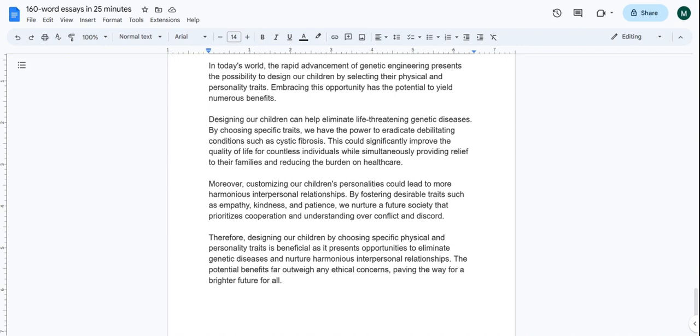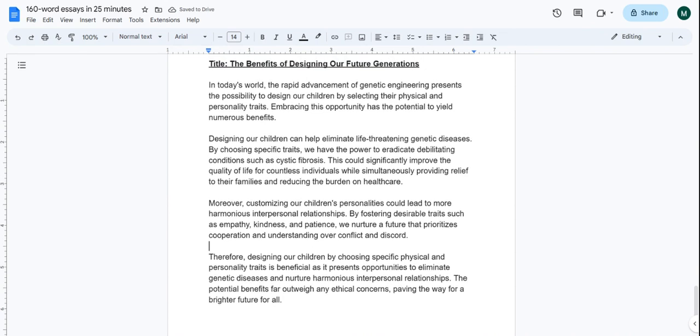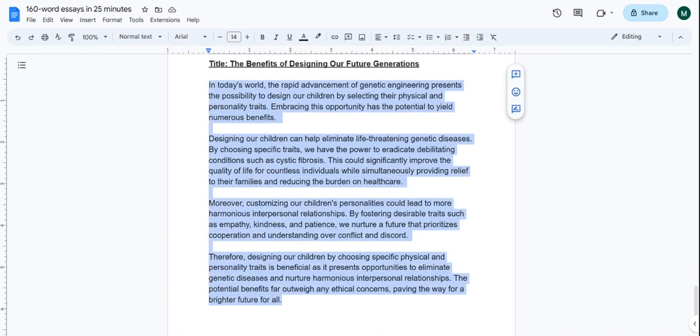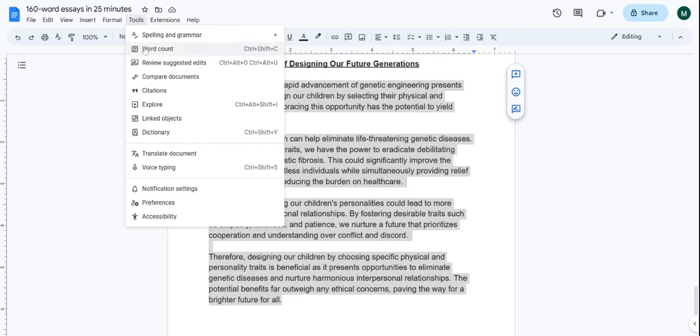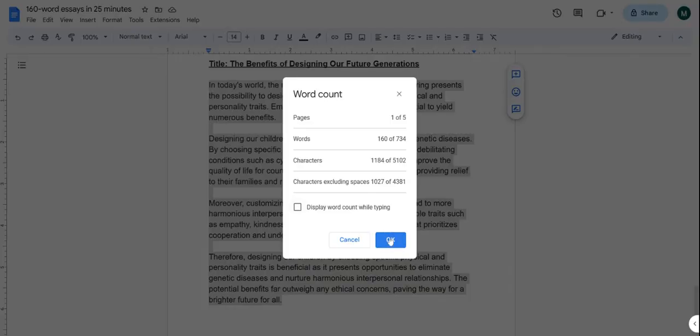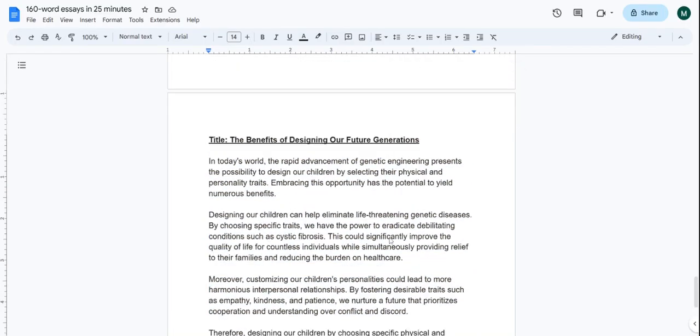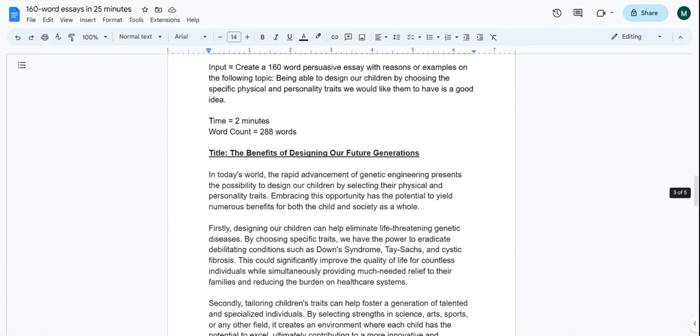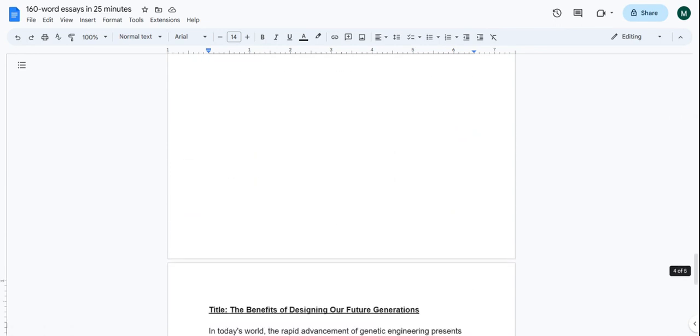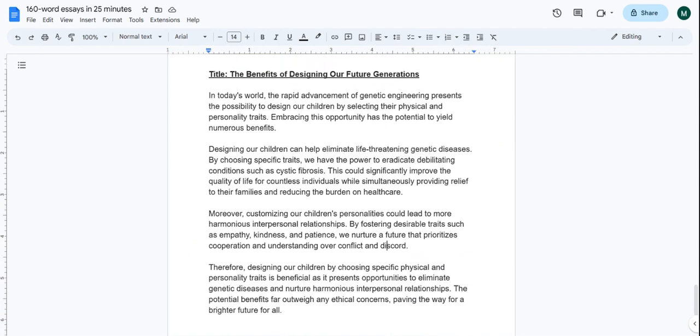Instead of society, I can just say "we nurture a future that prioritizes." Let's go with that instead of saying "we nurture a future society." And right writers, I have it down to 160. So again, just taking that much larger, 288 words, removing some paragraphs, and this is what we are left with.